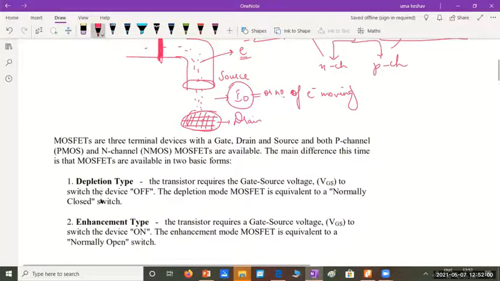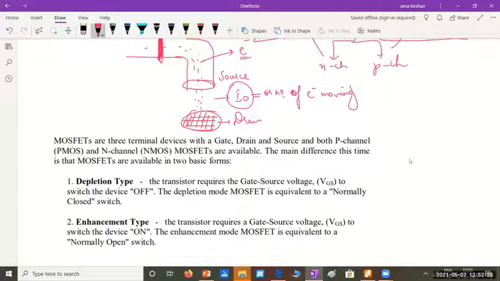We can also have depletion type and enhancement type MOSFET, right? What is depletion type? The simple way you can define it is, in a depletion type MOSFET, the gate source voltage is needed to switch off the device. So whenever I need to switch off a depletion type MOSFET, I can use this gate source voltage to switch it off.